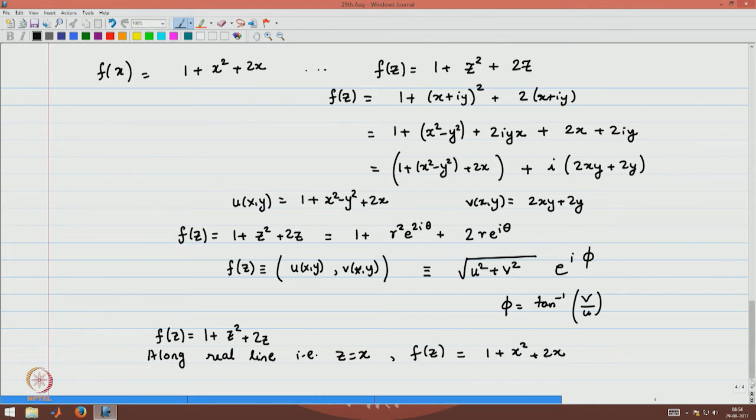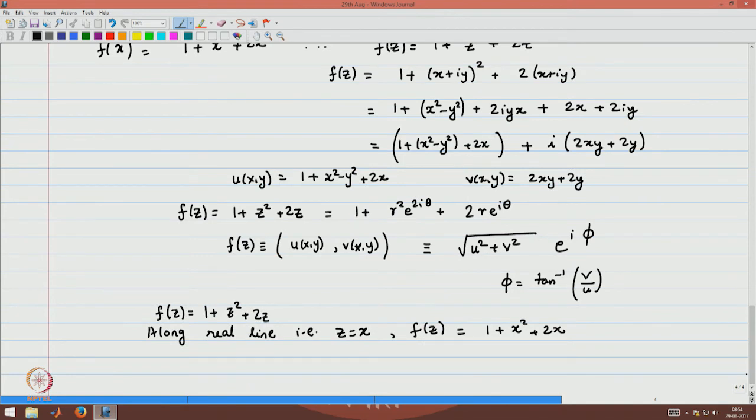Okay. So, in some sense, what we will say is that this function f of z is a complex function. The complex function somehow, I will say it slightly casually right now, is related to a real function.